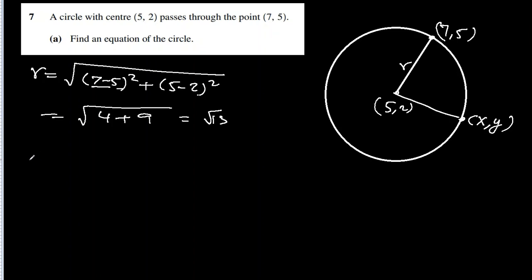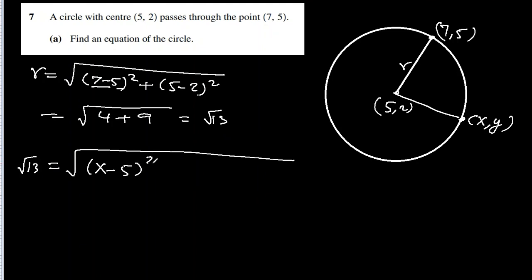This time we know the r now, so why should we use r? r is square root 13. So square root 13 equals the square root of (x minus 5) squared, where 5 is the center's x coordinate, plus (y minus 2) squared. Both sides are square roots, so we can square both sides and the square roots cancel.